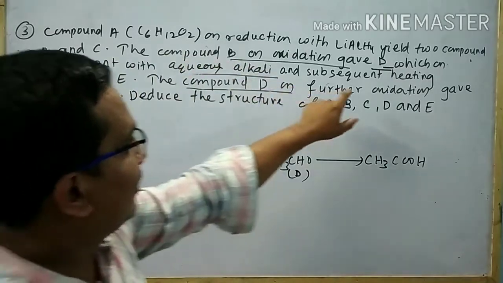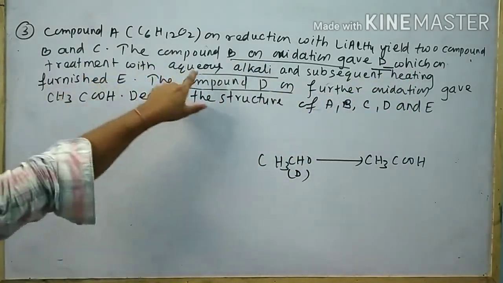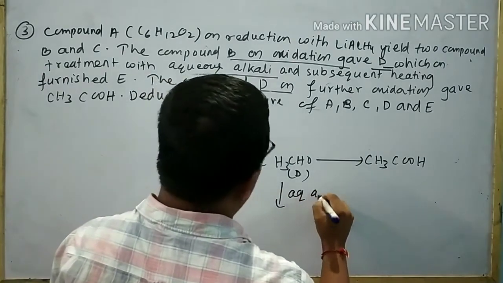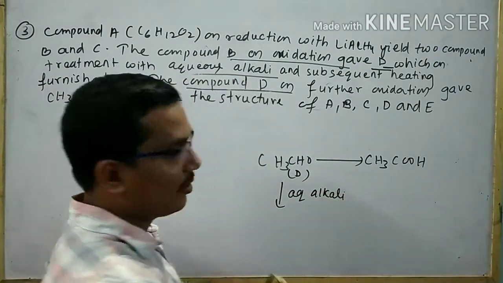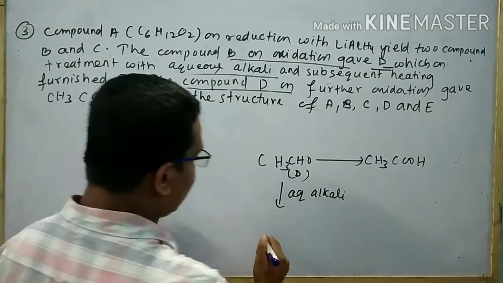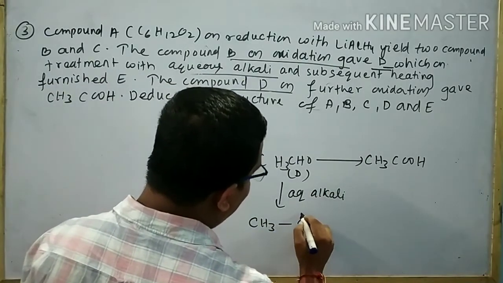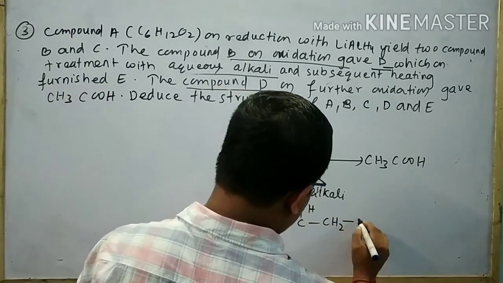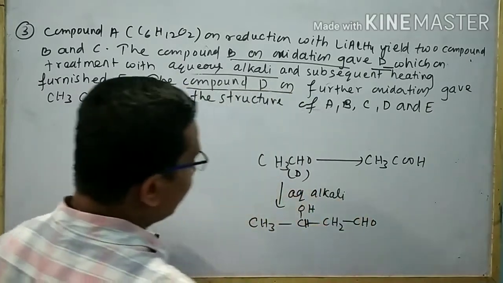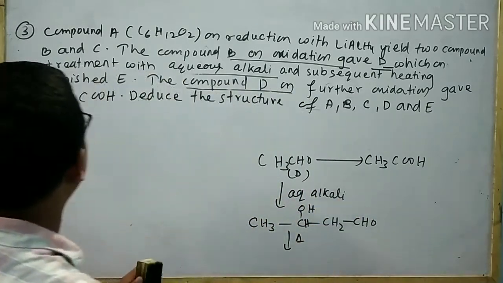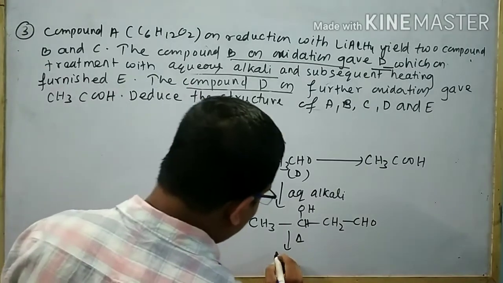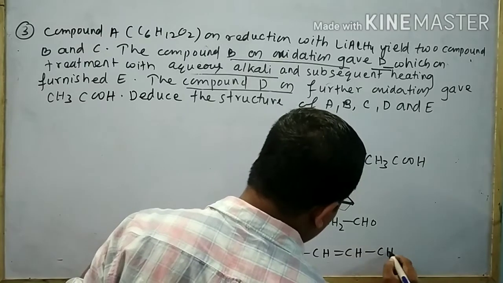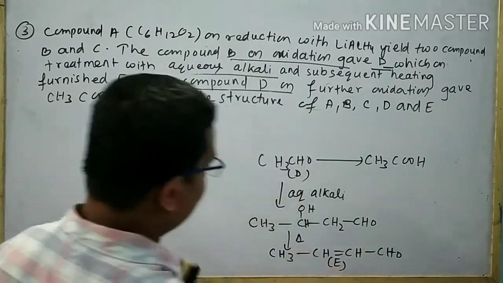This acetaldehyde, that means D, on treatment with aqueous alkali undergoes aldol condensation reaction and gives a beta hydroxy compound. This compound on heating gives E, which you can write as CH3 bond CH double bond CH CHO. This is your E product.